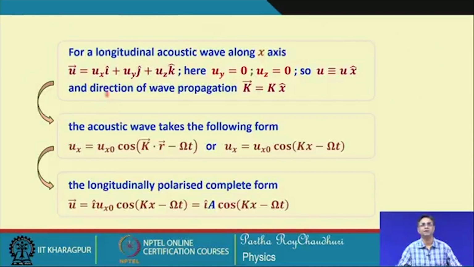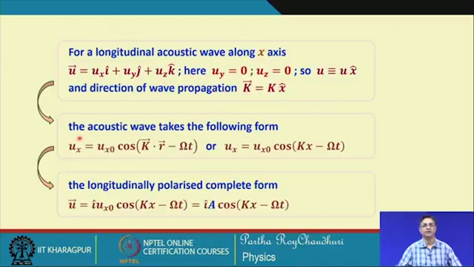Now we will see the specific case of a longitudinal acoustic wave travelling along the x axis. In general, the amplitude can be represented by u x, u y and u z, but for this case u y is equal to 0, u z is equal to 0, and u is only equal to u times the x unit vector. So, this is the only amplitude for the case of a longitudinal wave along the x direction, and the direction of propagation will be represented by this.